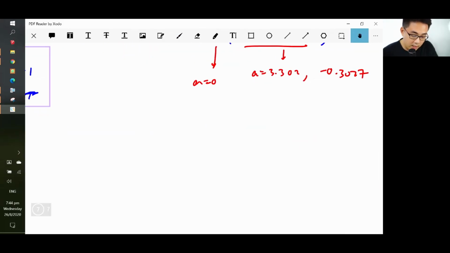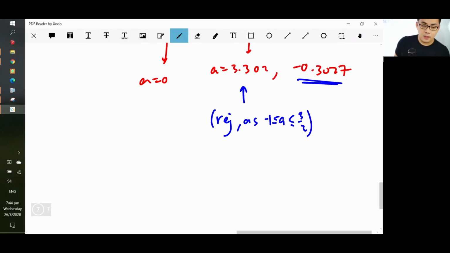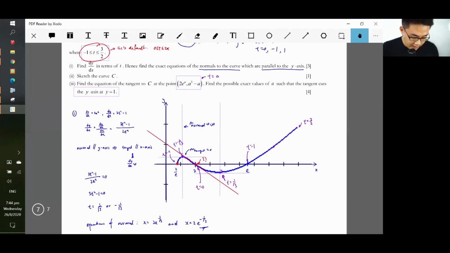Okay, that's why you reject. Minus 1 to 3/2. So it means you need to proceed to find this exact value. So they want exact value, right? Find the equation, possible exact values.